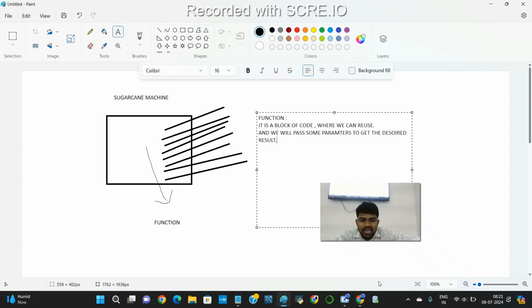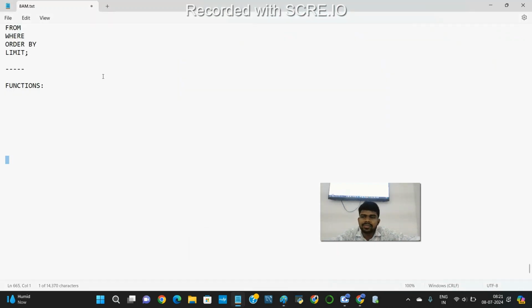Now let's discuss the types of functions in SQL. These are predefined functions only.